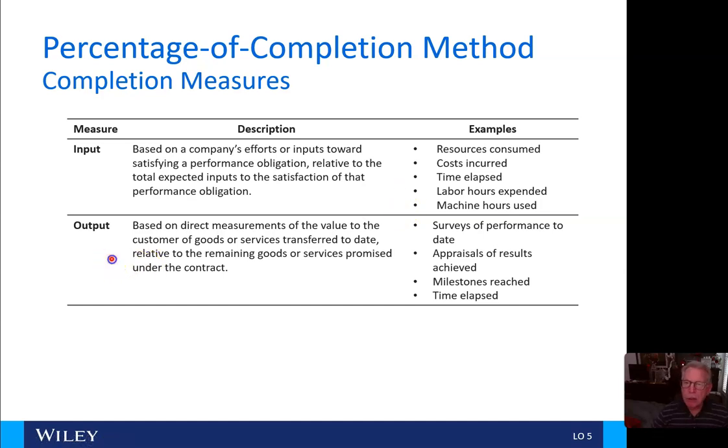The output is going to be based on the direct measurement of the value to the customer of goods or services transferred to date relative to the remaining goods or services promised under the contract. And examples would include surveys of performance to date, appraisals of results achieved, milestones reached, or time elapsed.